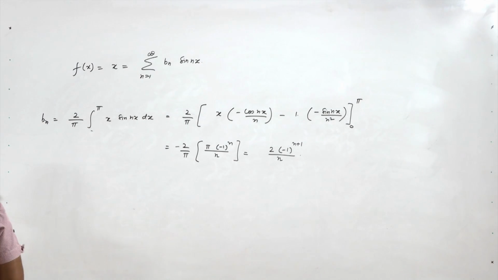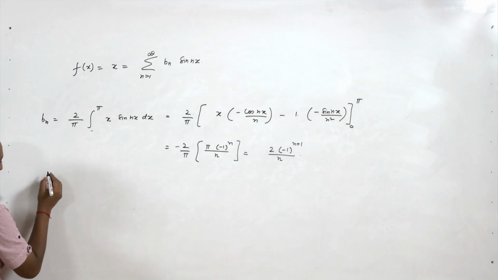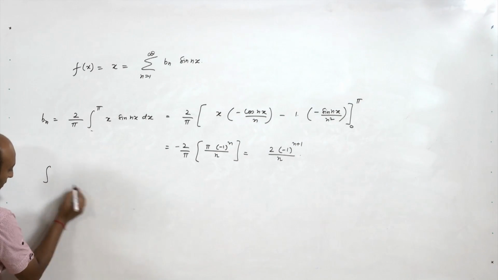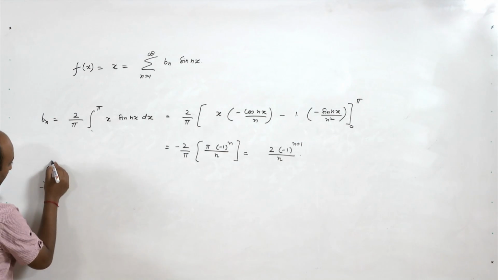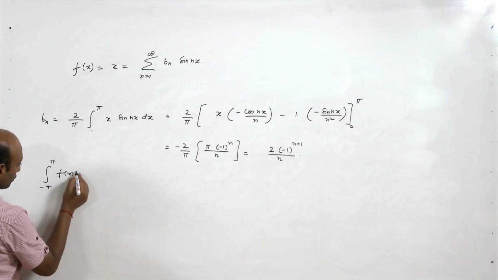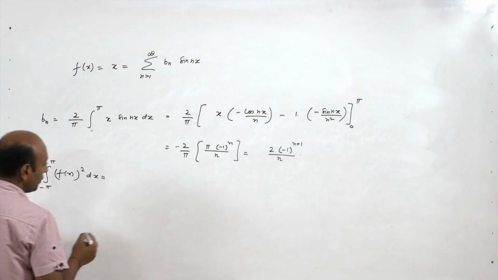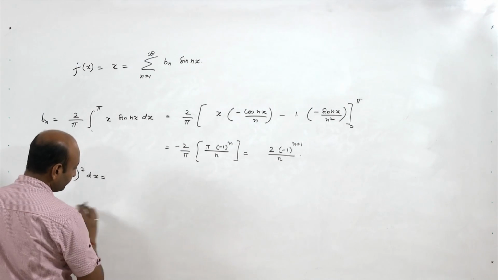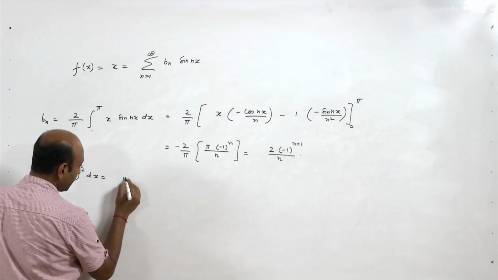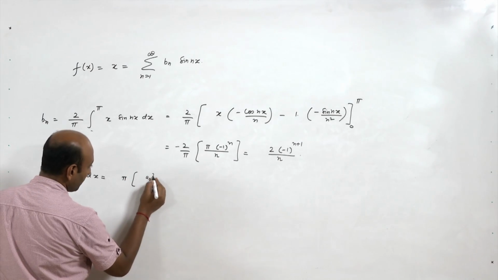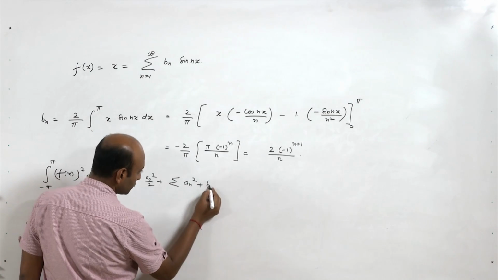Now, what is Parseval's identity? It is the integration from minus pi to plus pi of f(x) whole square dx, which will be equal to L times, L is pi here, pi times a naught square upon 2 plus the summation of a n square plus b n square.